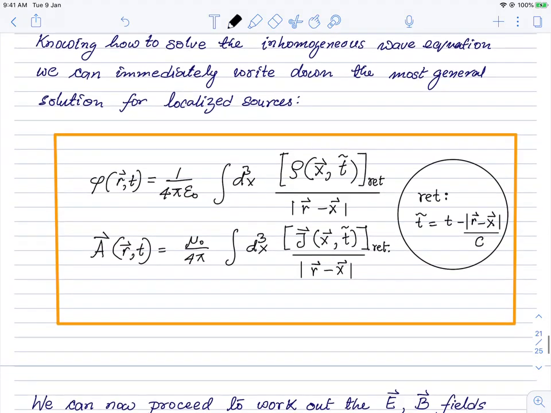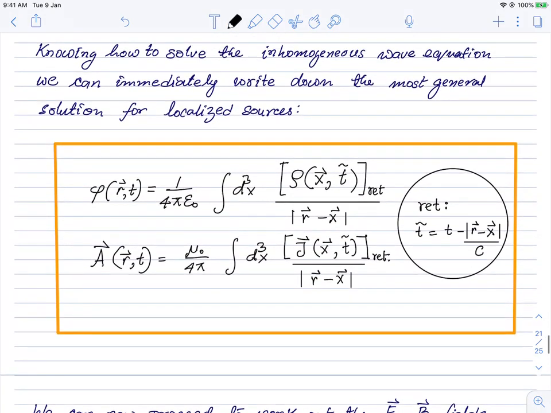Let me maybe draw a little bit of a diagram. Let's say there's a charge doing something at a particular point, and the position of this charge is this x vector. This is some plus q, maybe it's dancing around at the point x.